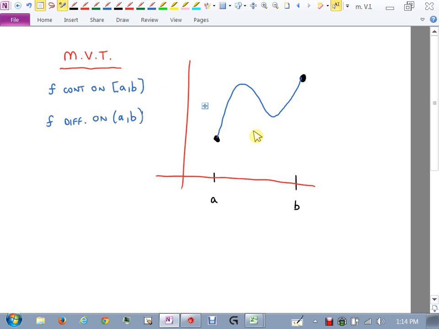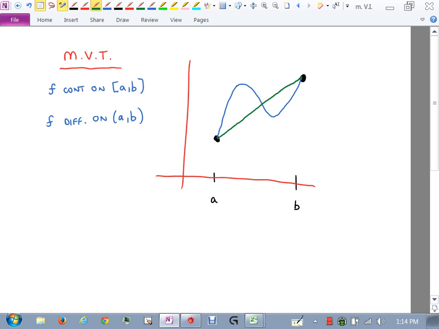But let's do what Tyler suggested. And that's, think about if we connect these 2 points together, there is some slope there, right? Do you see that there's got to be somewhere on our curve where the derivative will be parallel to that?